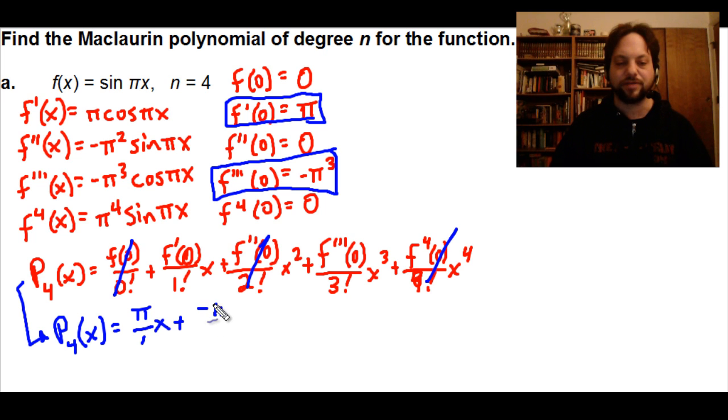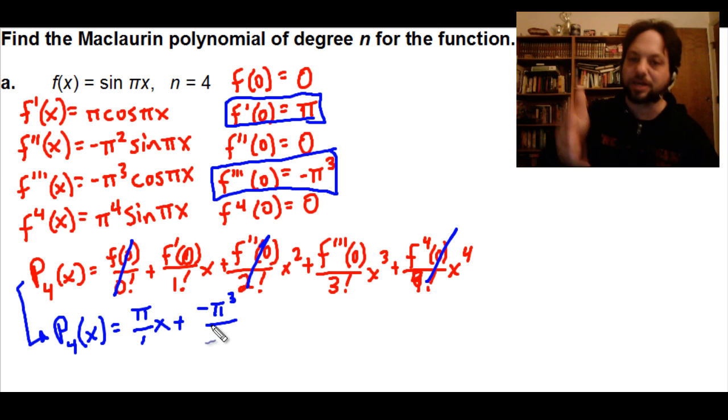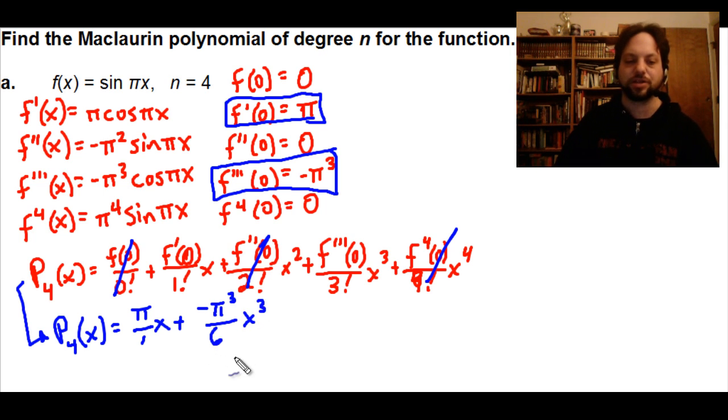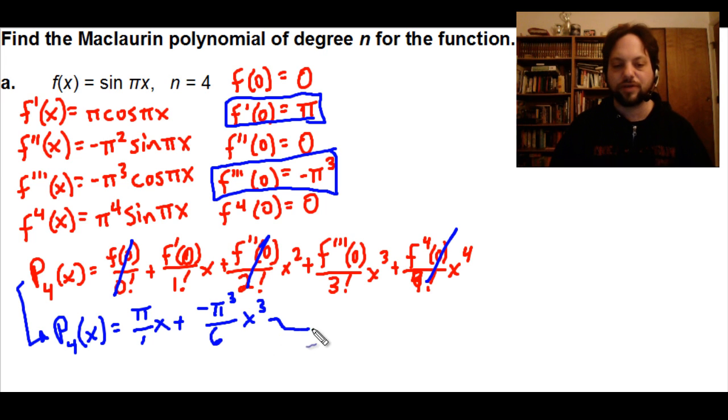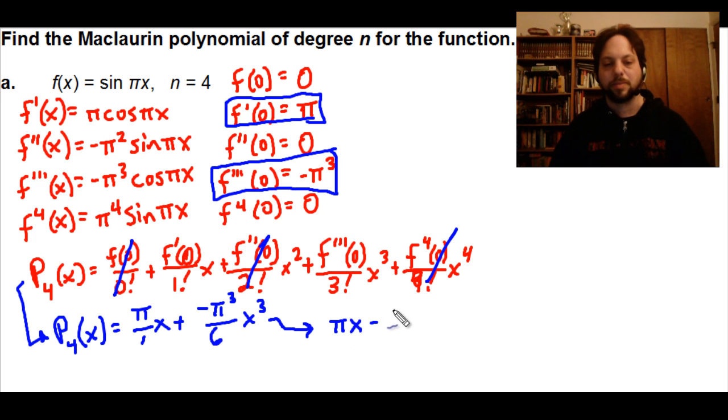So I'll have negative pi cubed all over 3 factorial, which is 3 times 2 times 1. I'm just going to write 6 here. And then this will be x to the third power. So if I simplify this a little bit, what I end up with is pi x minus pi cubed over 6 x cubed.